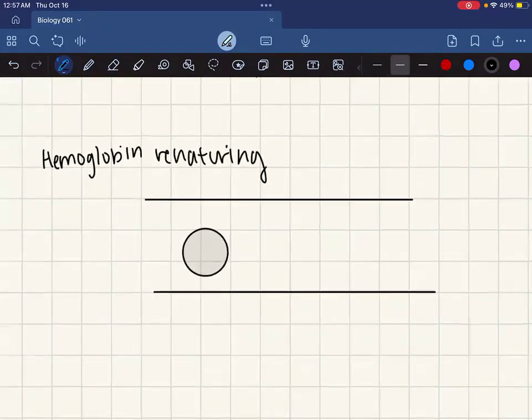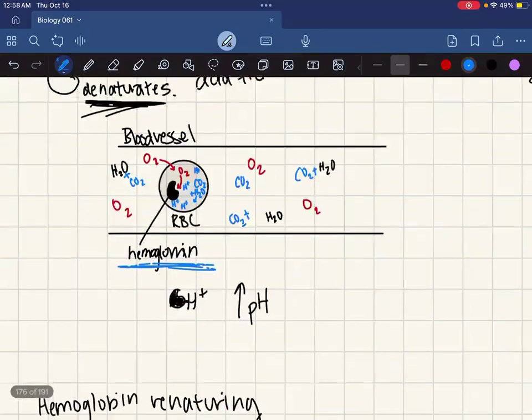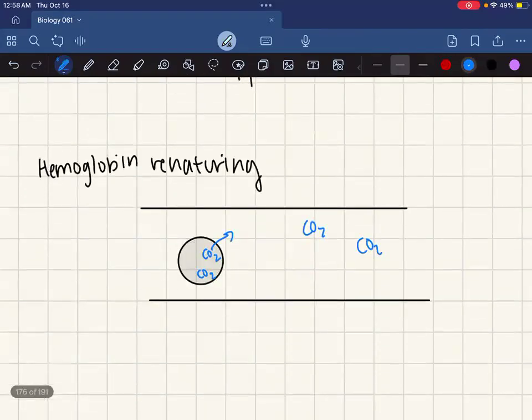So this is the point where we're going to be able to breathe out our carbon dioxide, which diffuses out of the red blood cells. I'm just going to draw out of red blood cells and out of the bloodstream, because remember we have it in both locations, red blood cell and bloodstream. It diffuses out, going from high to low concentration.